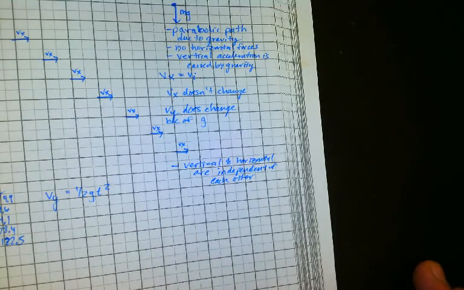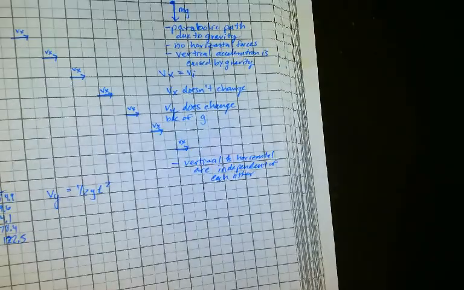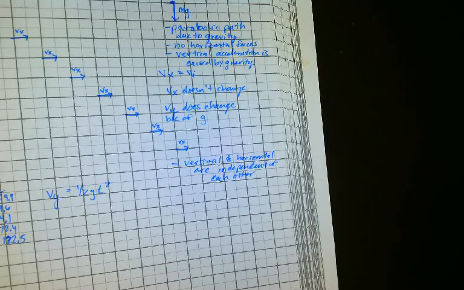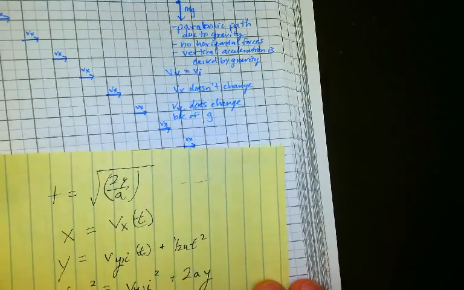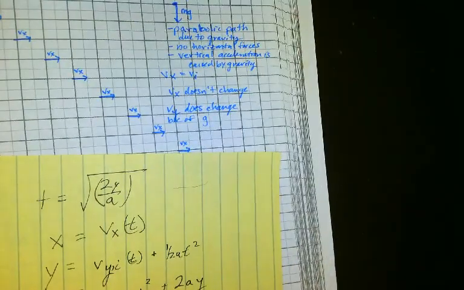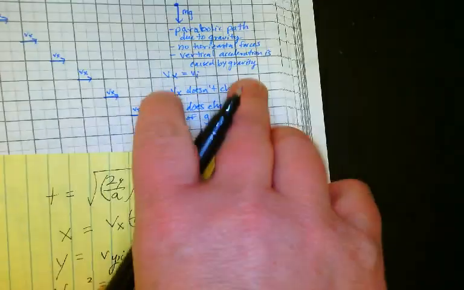Let's see. So you have to remember there are some equations that you have for these. So let's write down our horizontal projectile equations. Here they are. Nope, I lied.